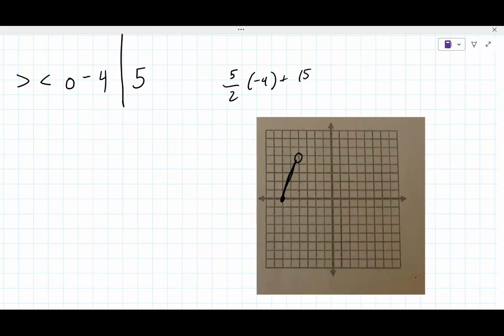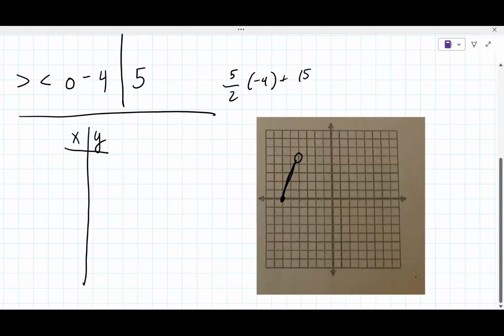Let me know when you have that graph. Got it down.